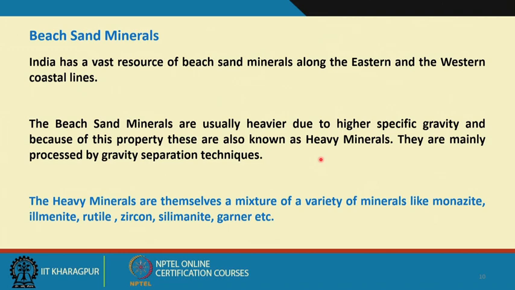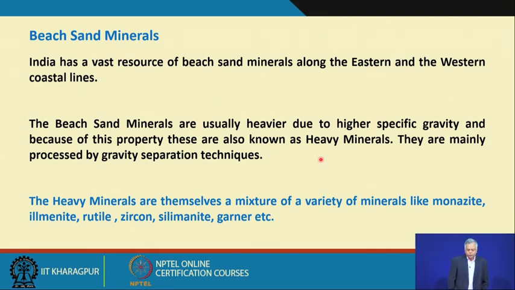Take another example. So, that is about iron ore. Another example I would like to show you is the beach sand minerals. Now, why do we need to process the beach sand minerals and what are they? Let me first tell you.